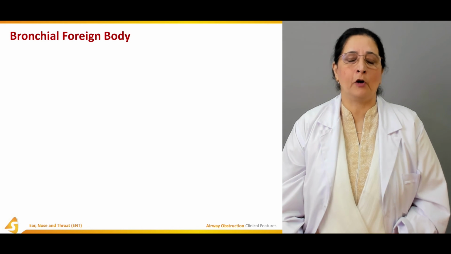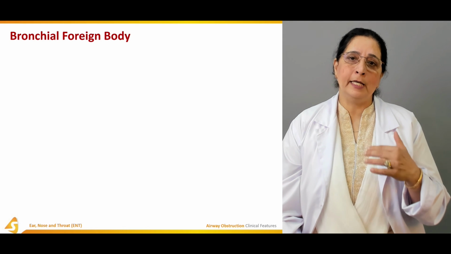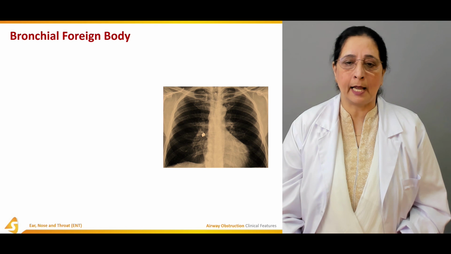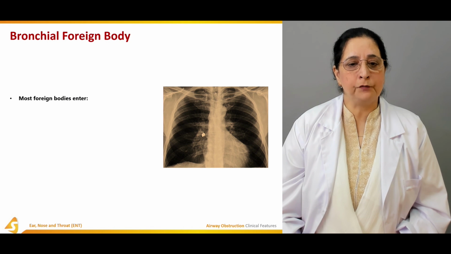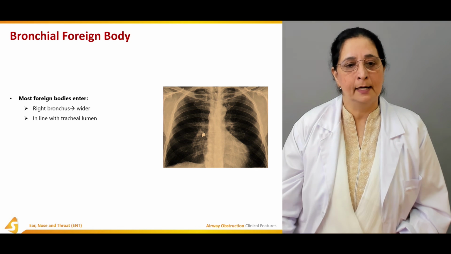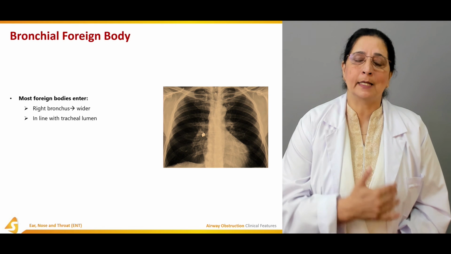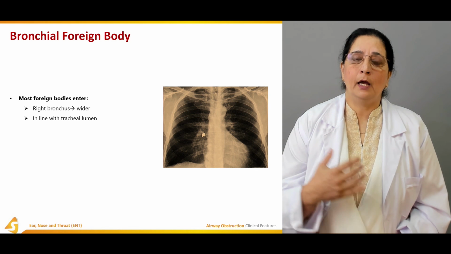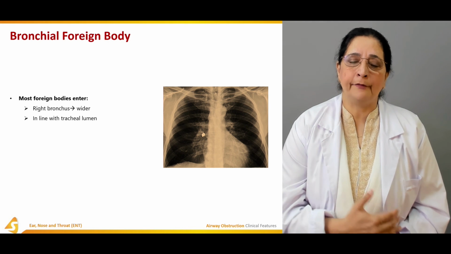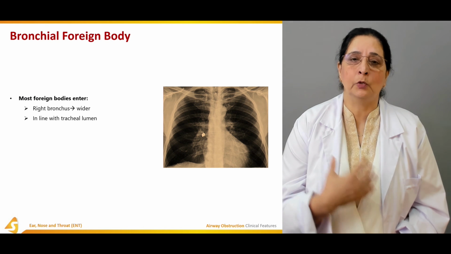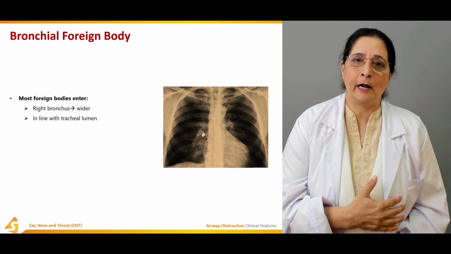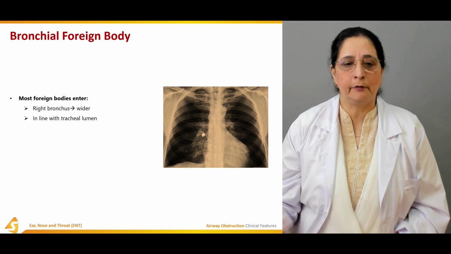Then bronchial foreign body. If the foreign body now reaches the bronchi, what happens? Most foreign bodies enter the right bronchus. The right bronchus is wider compared to the left, because on the left we have the heart also, and it's a little narrower compared to the right.